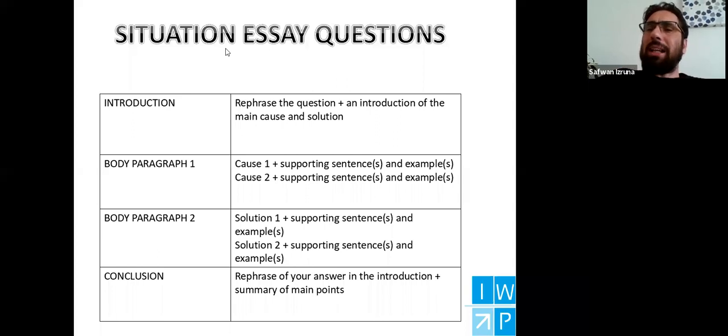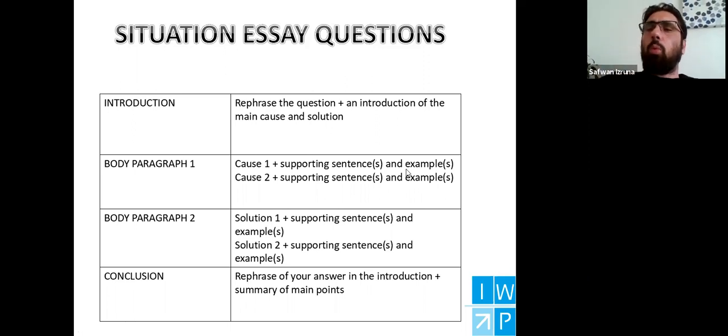So why is that a valid cause? Okay, some people are saying sedentary lifestyle.